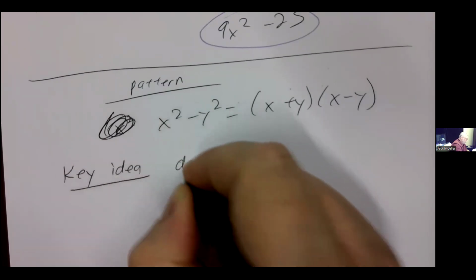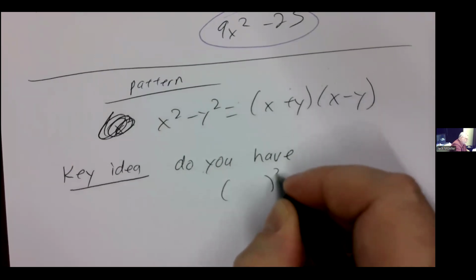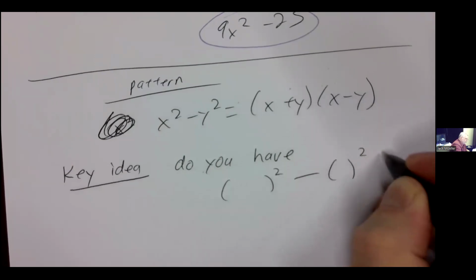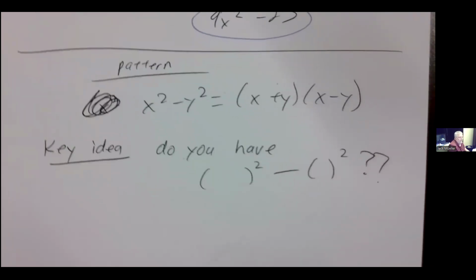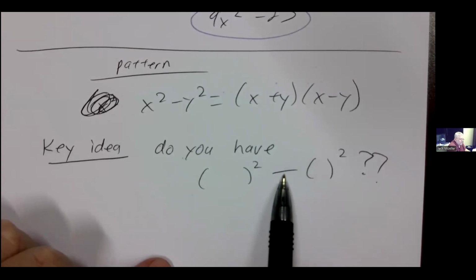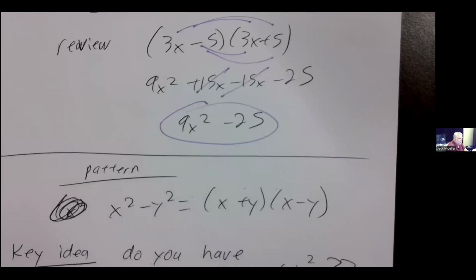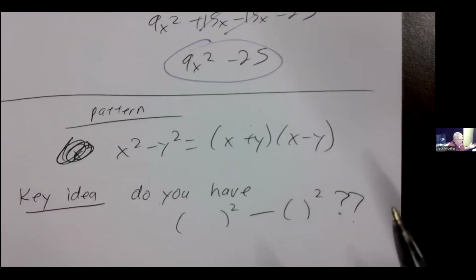Do you have something squared minus something squared? If it's not a difference, it can't be a difference of squares. If you can't find the two things that are being squared to get those two terms, then you can't do difference of squares.